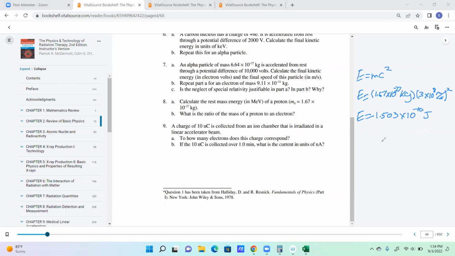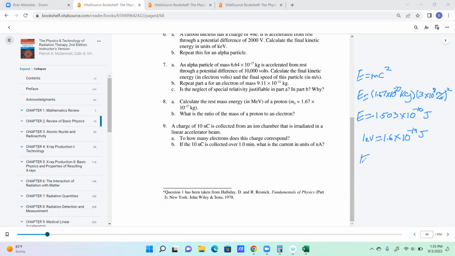Okay. So now we need to find out what that is in MeV. How do we convert? Well, if you'll remember, 1 eV is equal to 1.6 times 10 to the minus 19th joules.